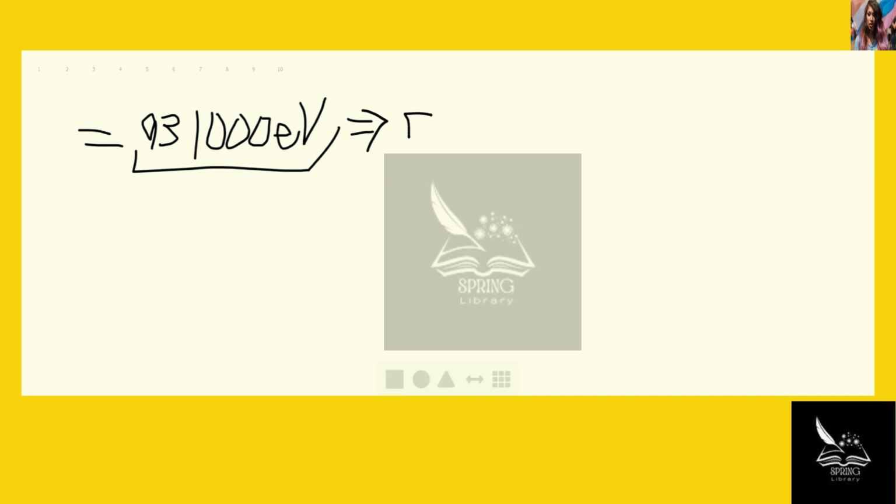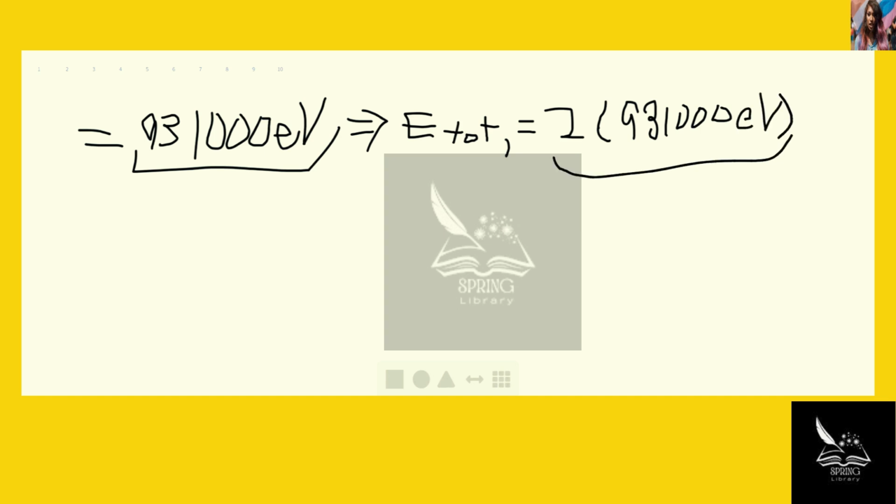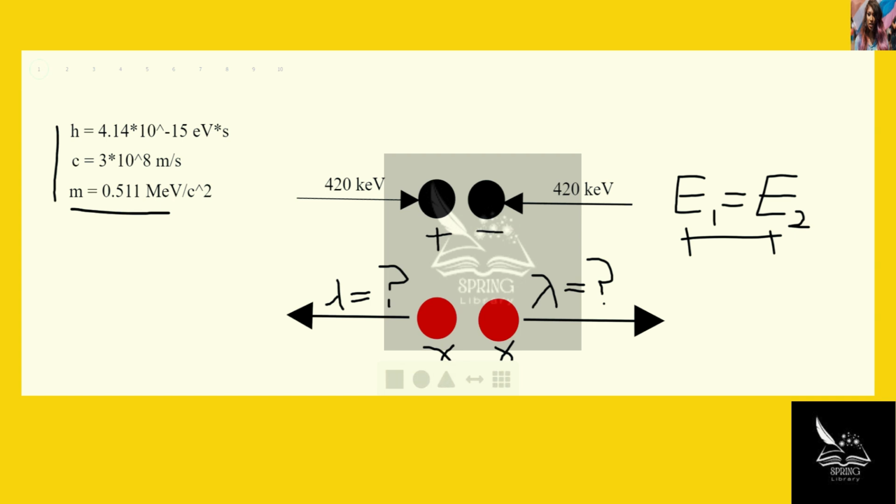So our E total in the first stage is equal to 2 times that many electron volts. Great. So how do we find the wavelengths?